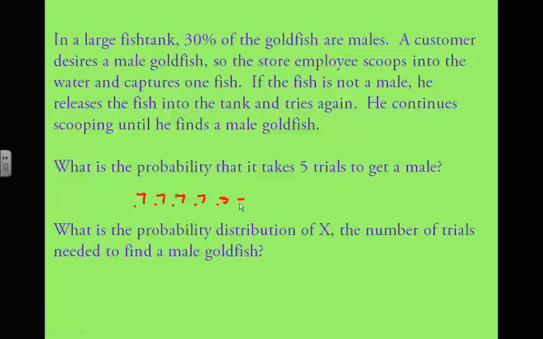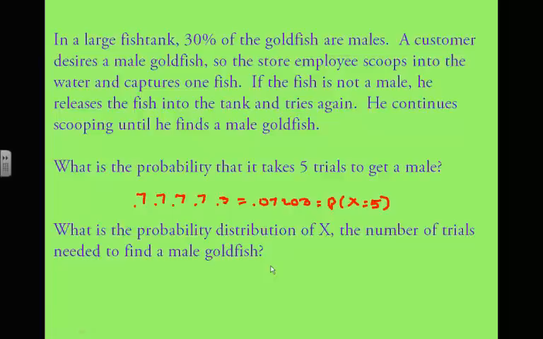So the total probability, multiplying all of those together, winds up being 0.07203, and that equals the probability that x equals 5. Once again, you need to get in the habit of writing this symbology.